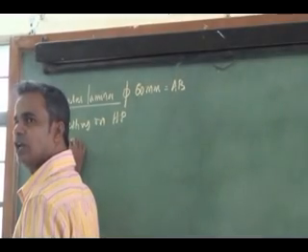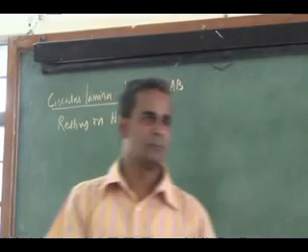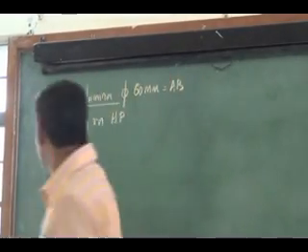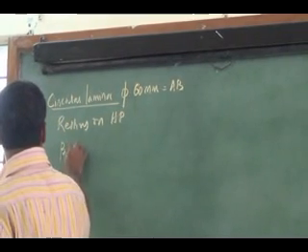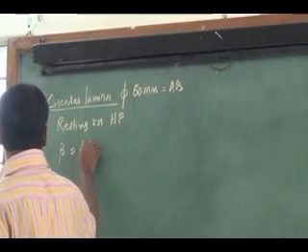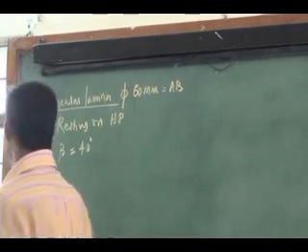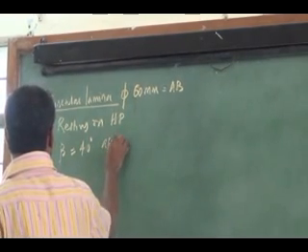Appears to be inclined 40 degree to VP means what? It will be an apparent inclination. I will explain. Theta, that is 40 degree. It appears to be inclined.